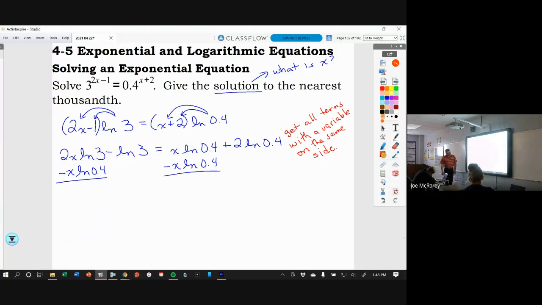So I step back and look at what's going to happen when I do that. This is gone, so I have no more variables on the right side. On the left side, I have two terms with a variable, and I have this guy, which doesn't have an x, so he needs to go away. How do I make him go away? You add natural log of 3. Am I messing up anybody's mind doing this in one step?